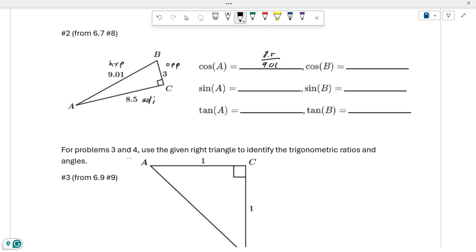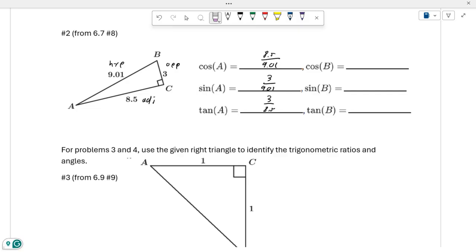The definition for sine is opposite over hypotenuse. So we've labeled 3 as opposite, and 9.01 is my hypotenuse. And then tangent is opposite over adjacent, so opposite is 3, and adjacent is 8.5.